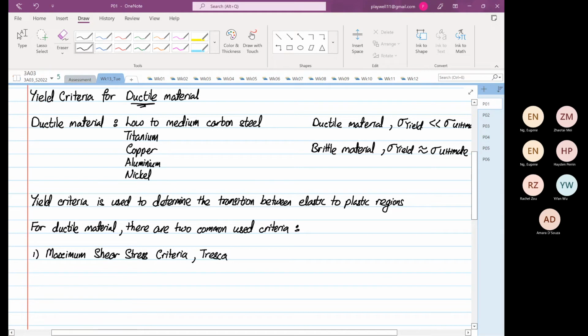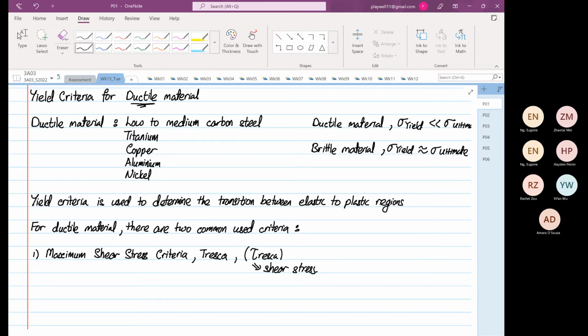How I like to spell Tresca is I use the symbol tau, because this symbol is also the symbol for shear stress, yes or no? That's how I remember it: I transform the T to the shear stress symbol.